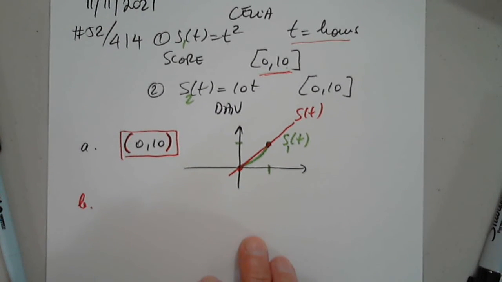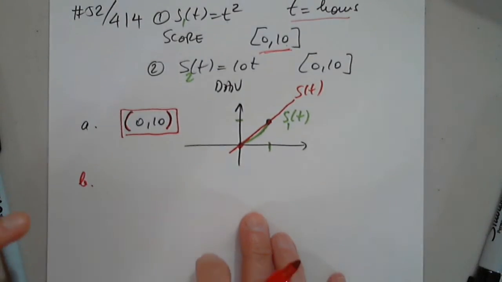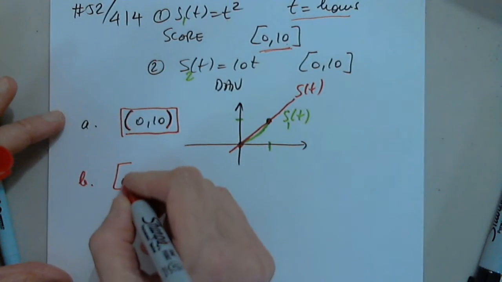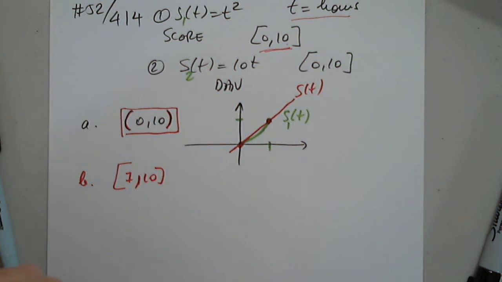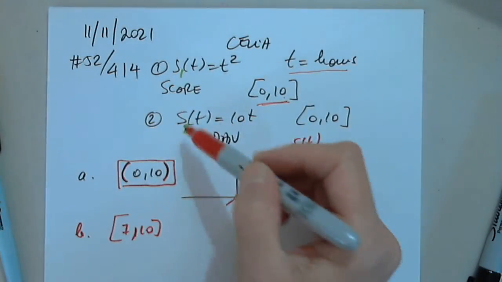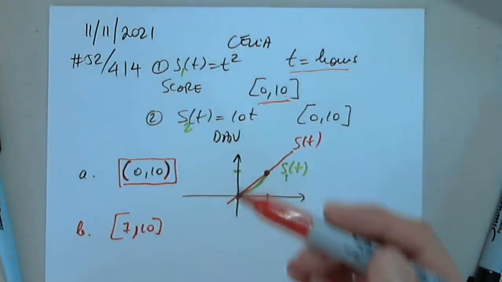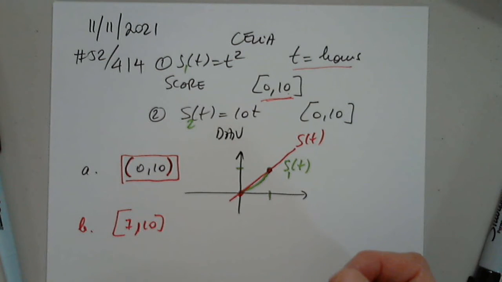Find the average value on 7 to 10 for both, I guess. Okay, so we want 7 to 10. No, it's lowercase s of t, so it's just Celia for part B. Oh, I was going to determine for both of them because I called them 1 and 2.